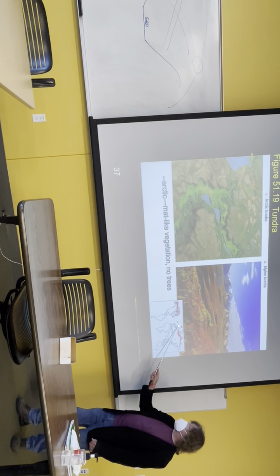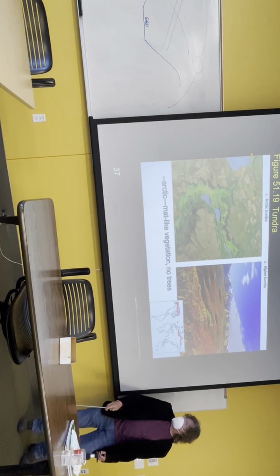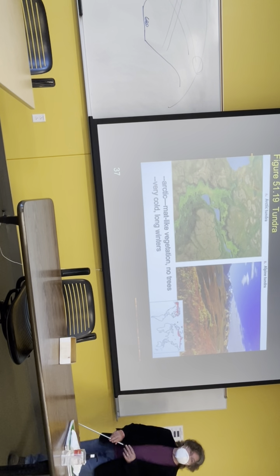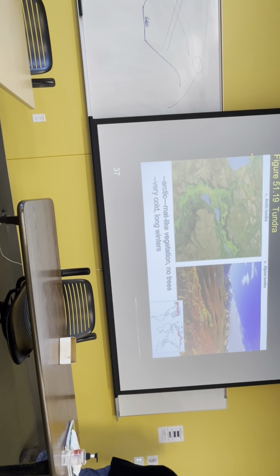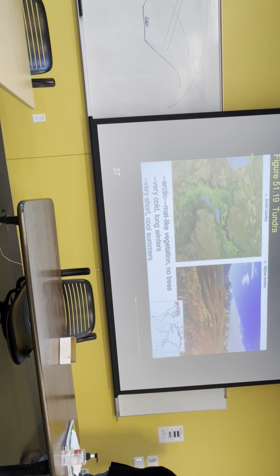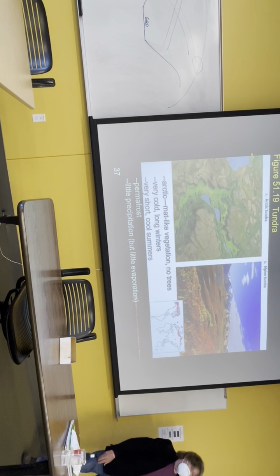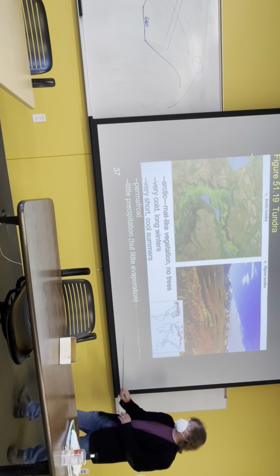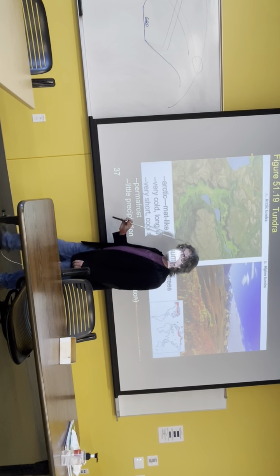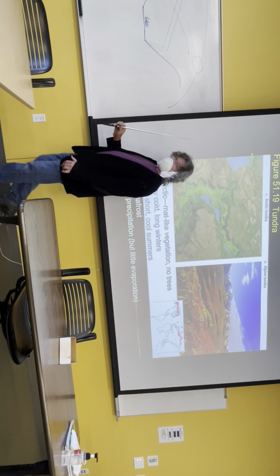And so they're situated up here, and it's mat-like vegetation, no trees, very cold, long winters, okay? Not a lot of precipitation. They have short, cool summers. Not a whole lot of precipitation, but also not a lot of evaporation. And so during the summers, there is quite a bit of water available, simply once the ground sort of thaws out.